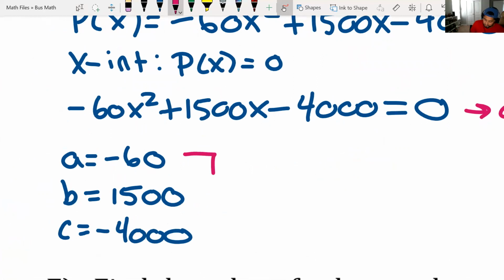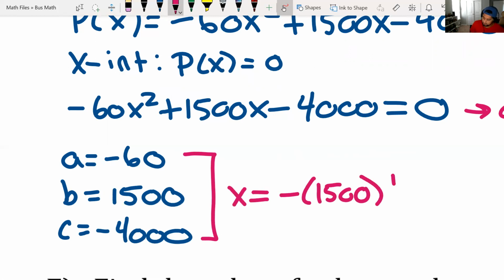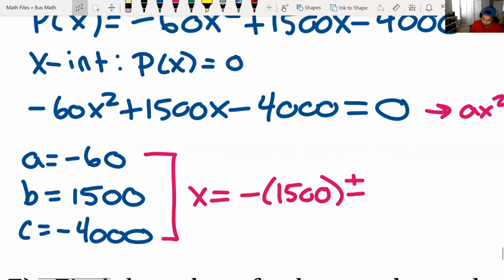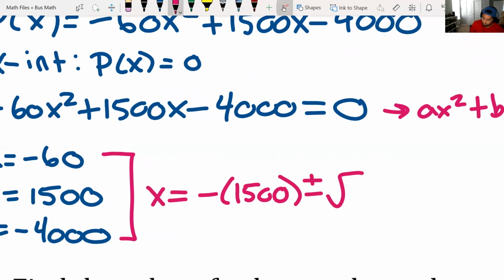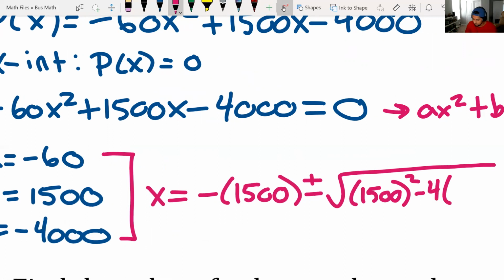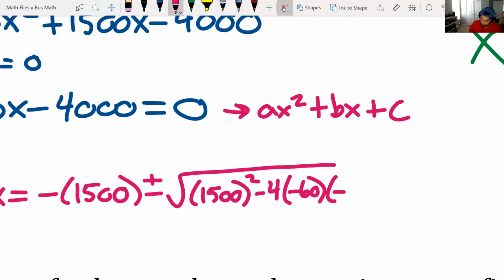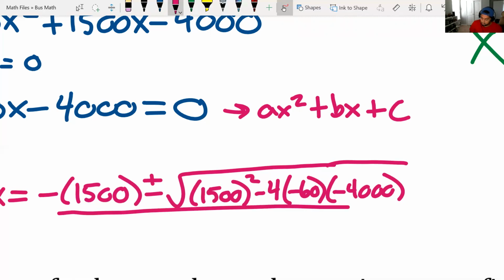So quadratic formula this, and you'll get x equals negative b, which is 1500, plus or minus the square root of b squared minus 4 times a, which is negative 60, times c, which is negative 4,000, all over 2 times a.